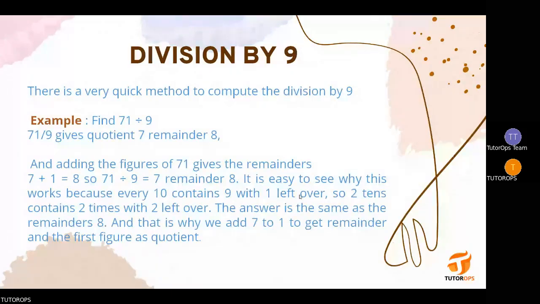That means 10 is basically 9 plus 1. Then 71 will be how much? 70 plus 1. That means 7 times 10 plus 1. So 2 tens will contain 9 two times with 2 left over. So 7 tens will contain 9 seven times. So we know that the quotient will be 7.